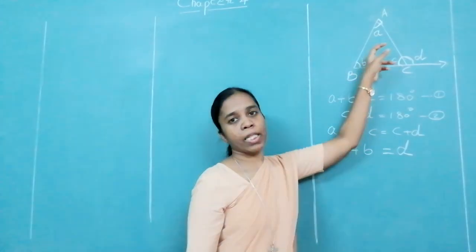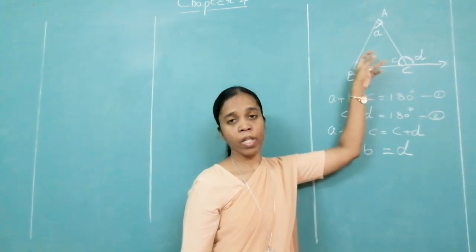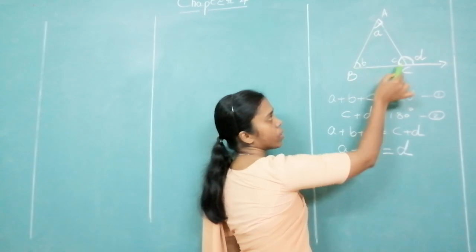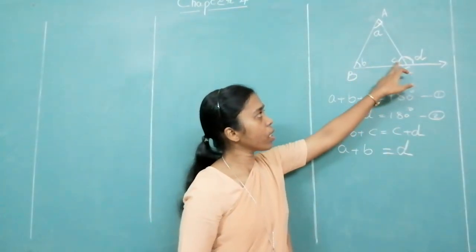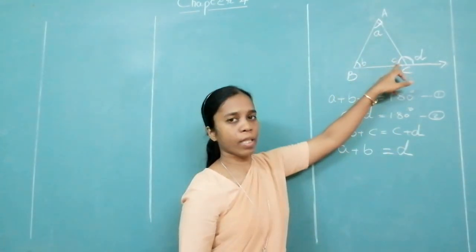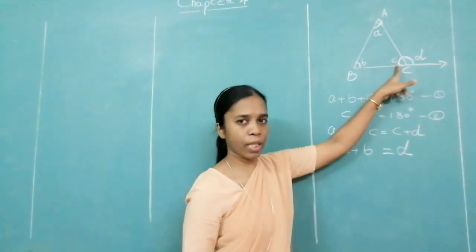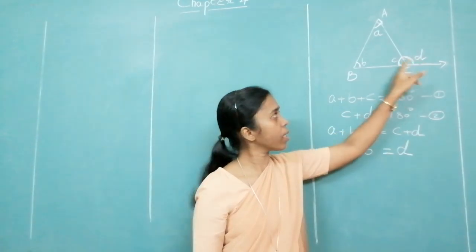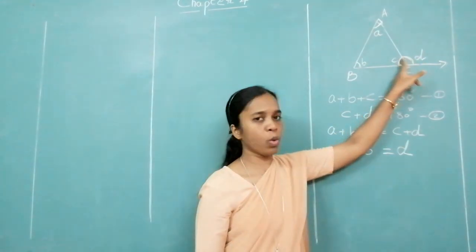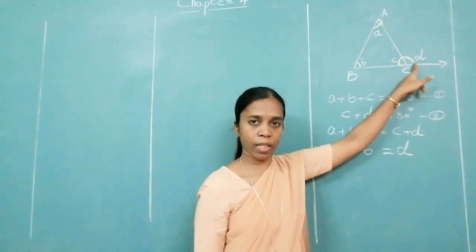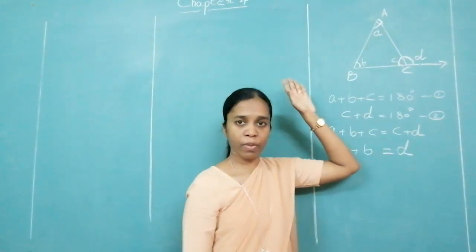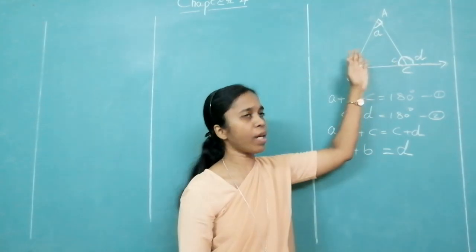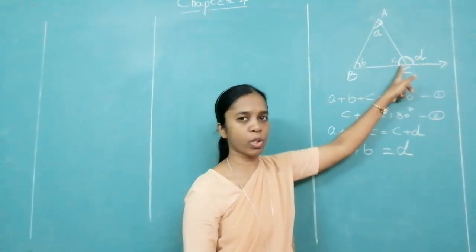the remote interior angles. Now why do we call them remote interior angles? You can see the triangle. In the triangle you can see there are 3 interior angles, A, B, C. Now which is the closest to the exterior angle that we have marked? That is C. So this is close to this exterior angle. These two are far away. That is why we call them remote. They are remote interior angles, far away interior angles. This one is the close one.